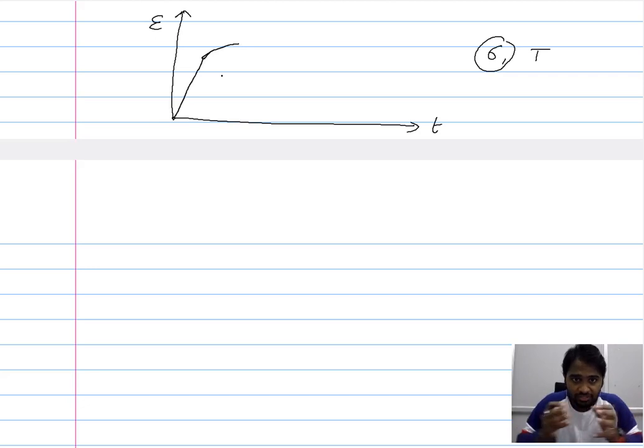So the first stage has a sudden increase in the strain, and the second stage has a gradual decrease in the strain. Just by seeing the nature of the curves, we are now able to identify the first stage and second stage. This is really important when you are talking about the creep behavior.